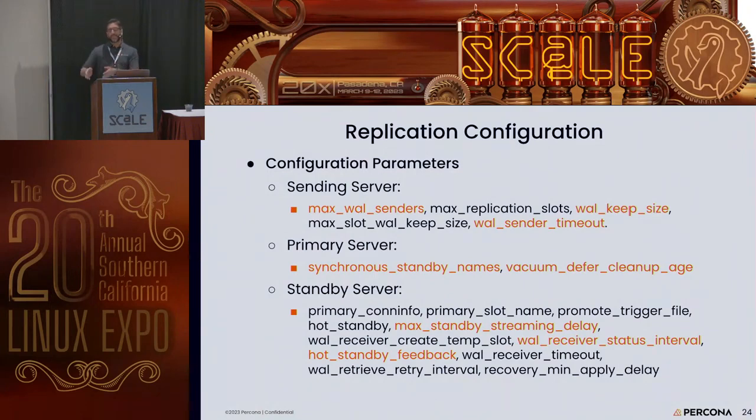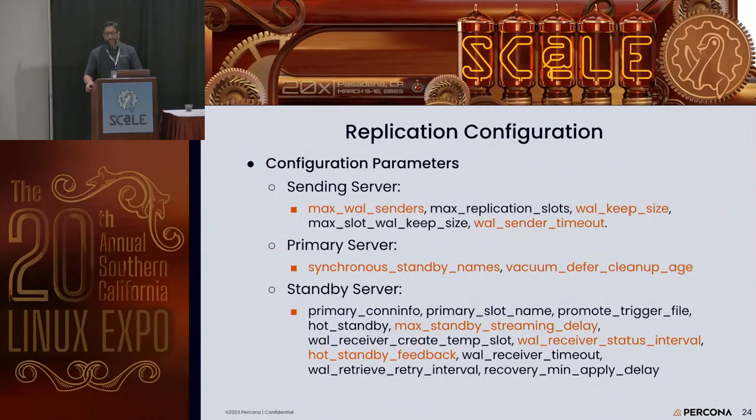So in case a standby is disconnected and wants to reconnect, the connection may not have been returned yet. It has a timeout, by default 60 seconds. So you probably want to make sure that's slightly higher, otherwise you would end up with a standby that's trying to connect and can no longer connect with the primary.